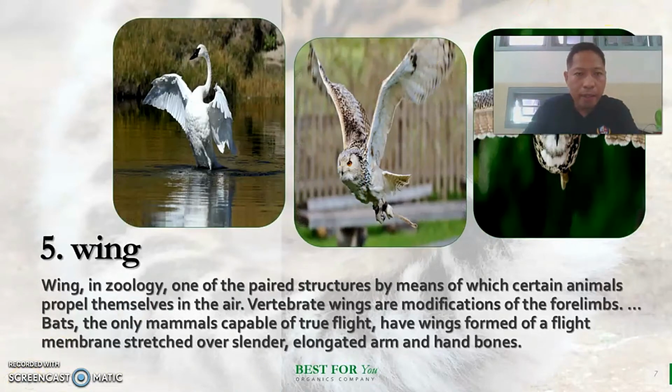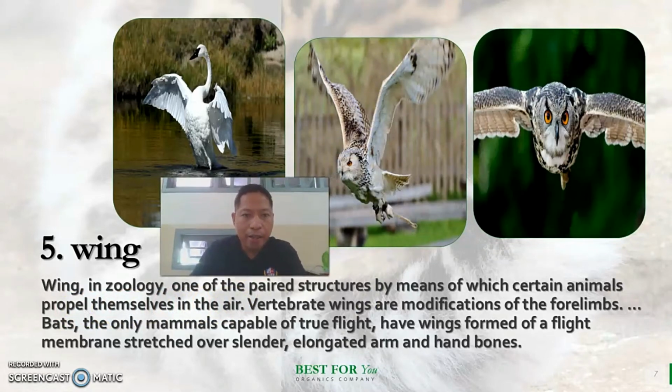Number five is a wing. We can call it wings. Wings are one of the paired structures by means of which certain animals propel themselves in the air. So without wings, these animals can't fly. These wings they use to fly.